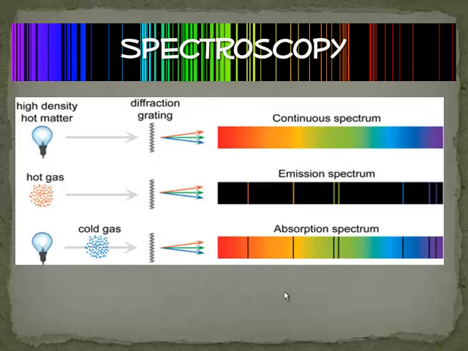When scientists look at spectra, they see three different kinds of spectra, and these spectra are produced differently because of the source of the light.